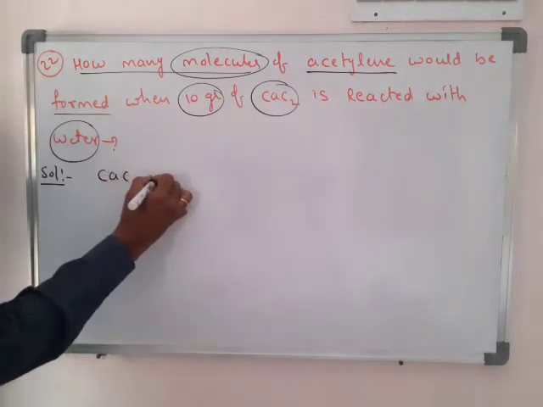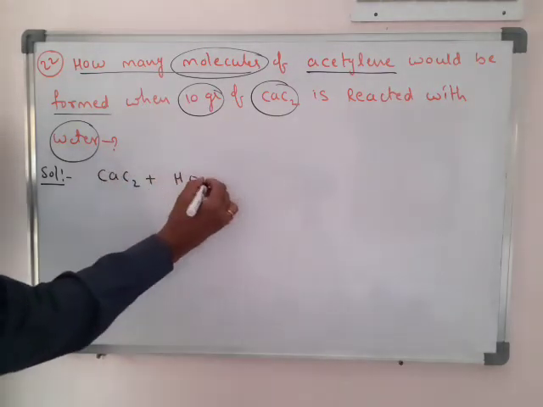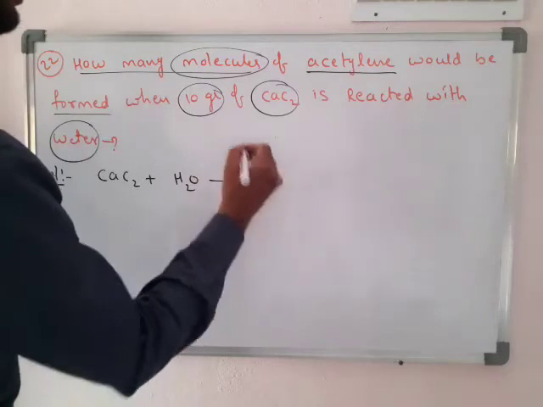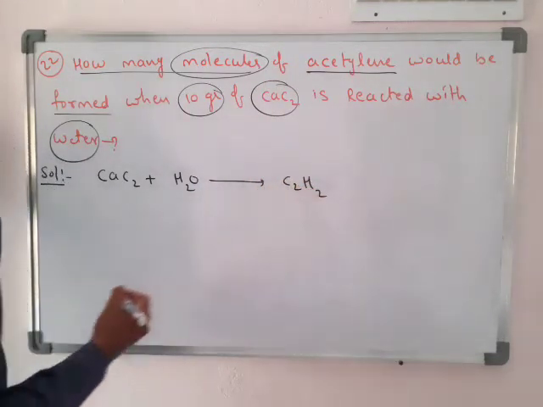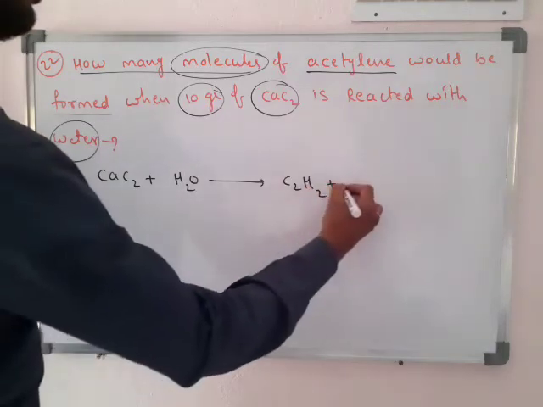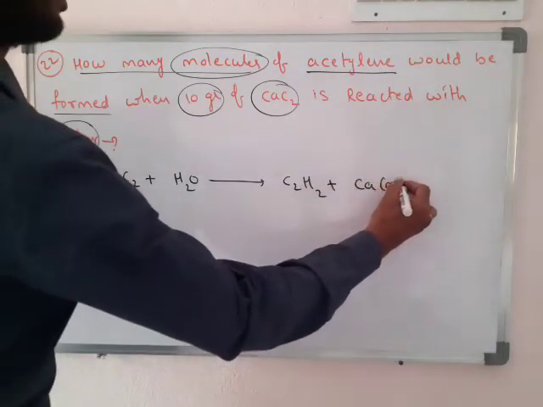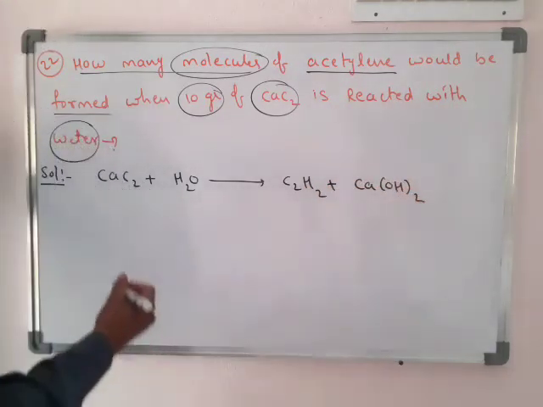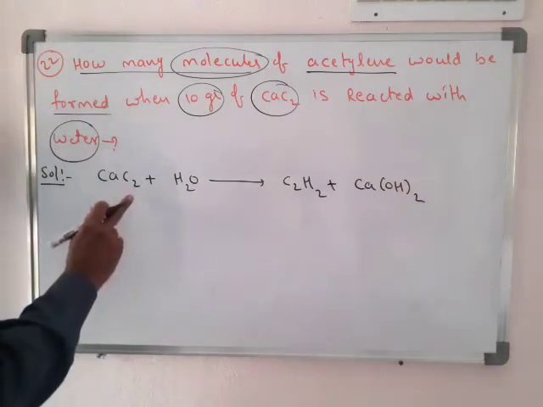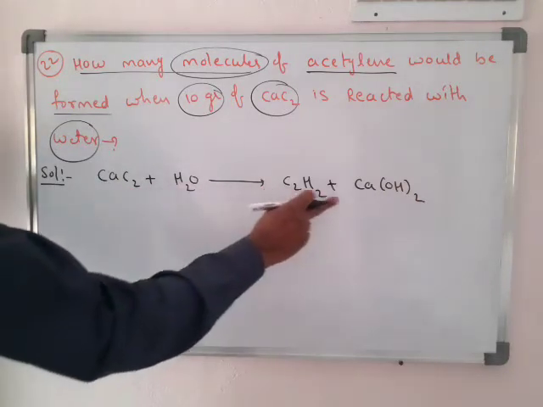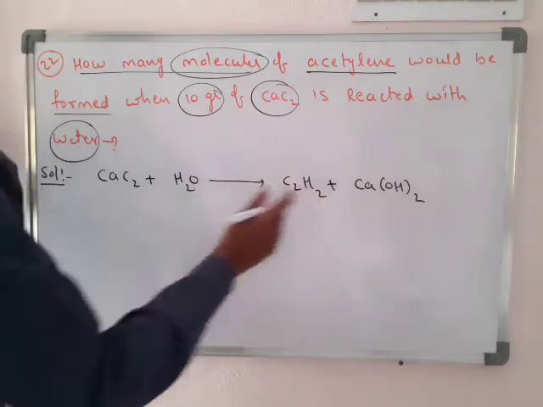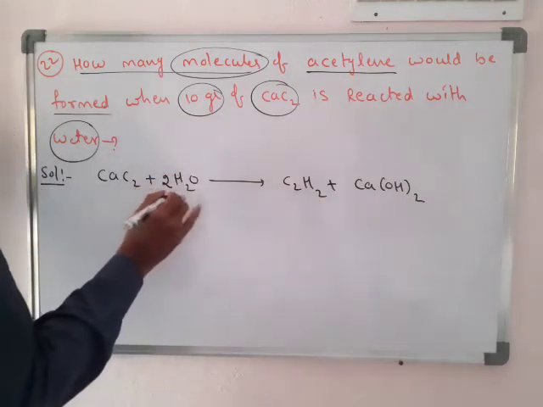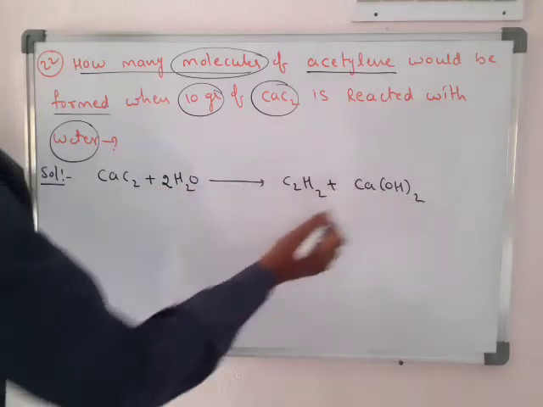This is calcium carbide with water forming acetylene, that is C2H2, and the byproduct here is calcium hydroxide. The balancing is important. 2 carbons, 2 hydrogens; here 4 hydrogens are there, make it 4; 2 oxygens, so it is balanced.